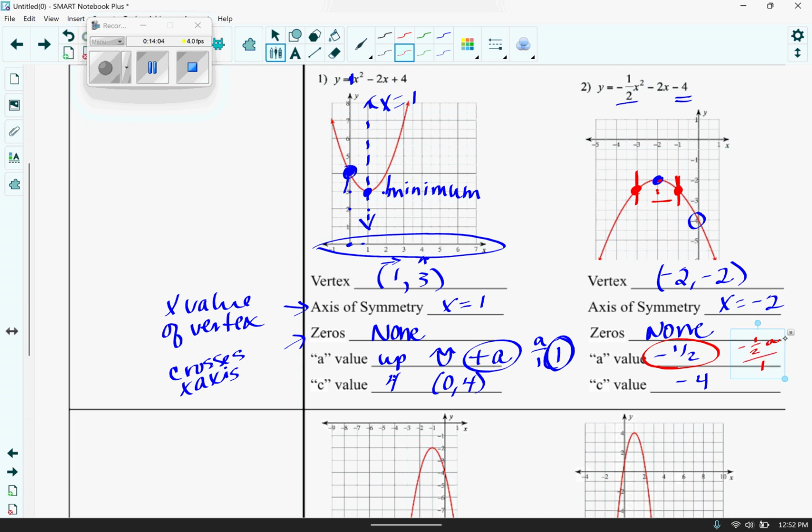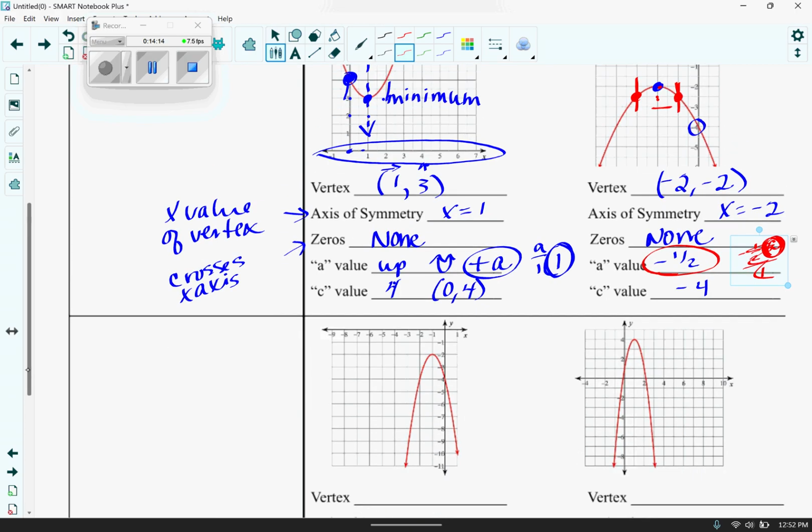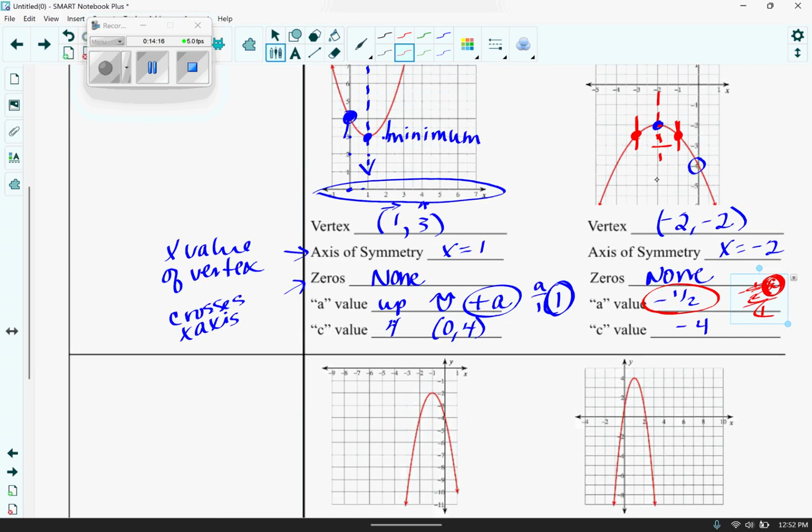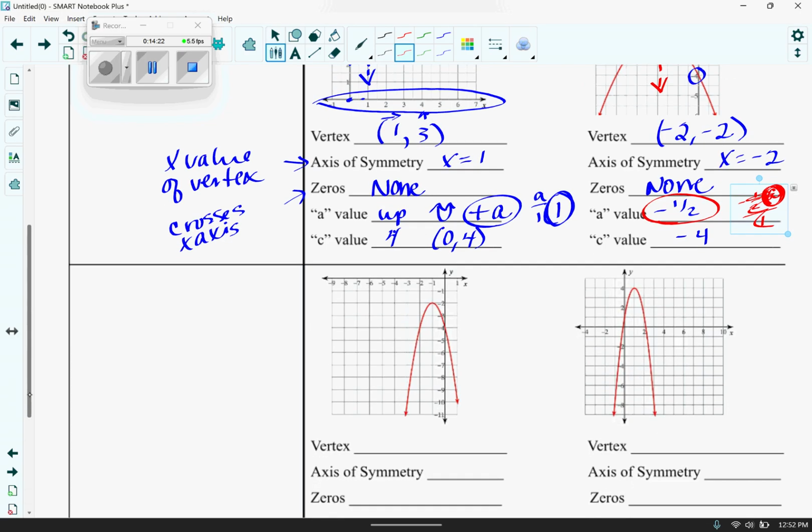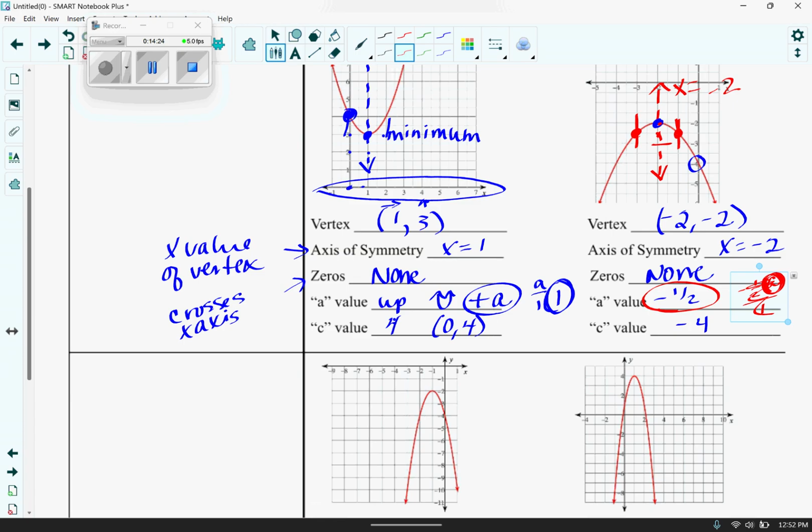This is my A value, so it's just -1/2. Oh, and the axis of symmetry would look kind of like that, x equals -2. And what else? This is a maximum.